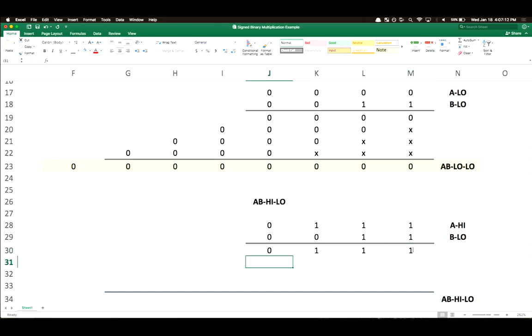We're going to do your shift. Since it's a 1 in this position, we're going to just write A high. Then we're going to add those, but you see that we shifted it left. You can do the same thing, and since these two are zeros, we can just write zeros over here.